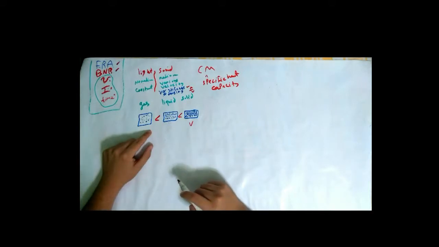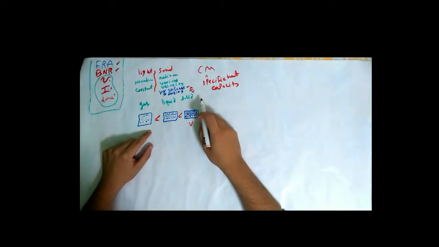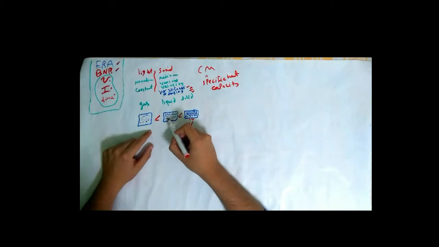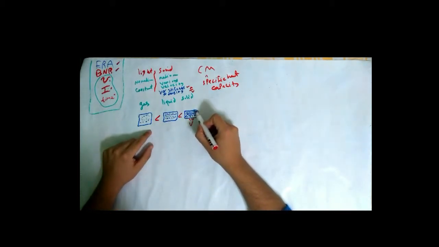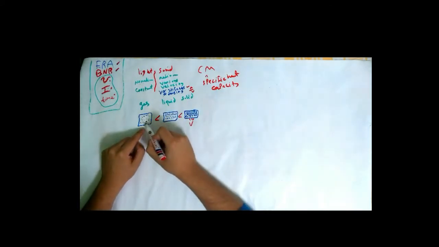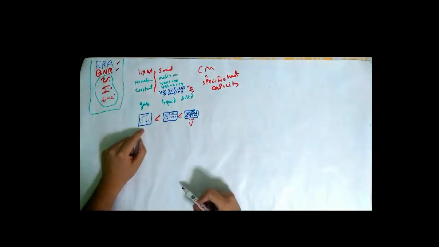The amount of energy needed to increase the temperature of a solid by 1 Celsius is going to be huge compared to liquid and gas, because solid has a very large amount of atoms and molecules, so I need a larger amount of energy to increase the energy of all these atoms. While in gas, because it has fewer atoms and molecules, I need less energy to raise the temperature of the square by 1 Celsius.